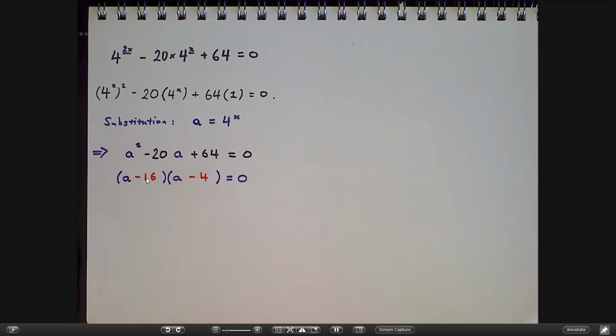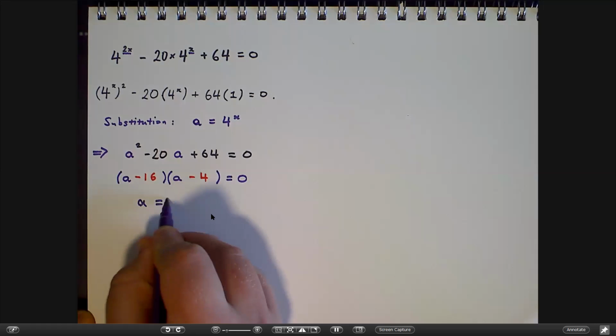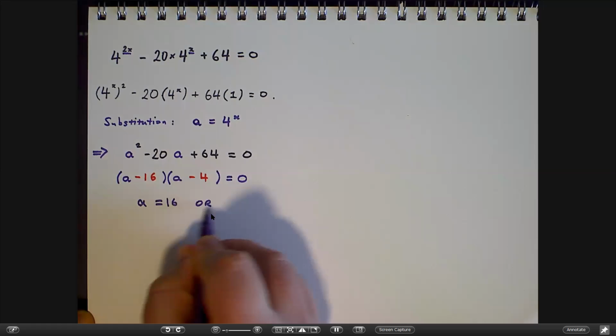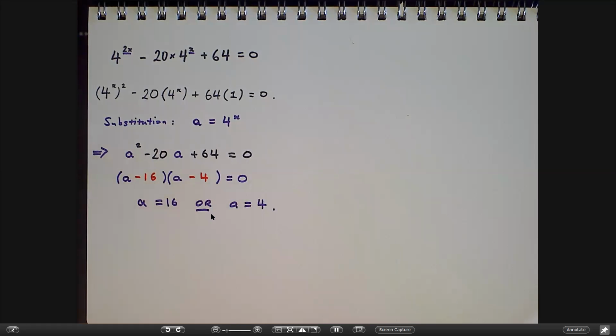Then we're going to apply null factor law. We're going to say if all of this is equal to 0, then one of these brackets has to be 0. So that means either A has to be 16 or A has to be 4. Then we're going to pull this move in reverse.